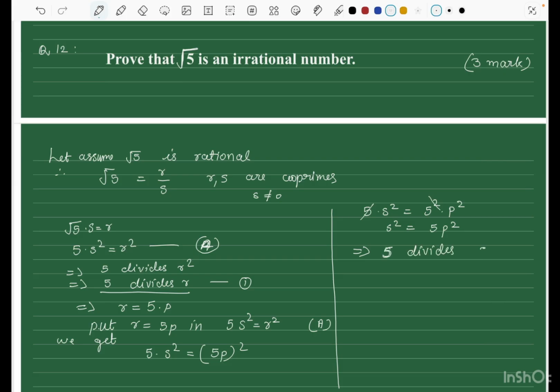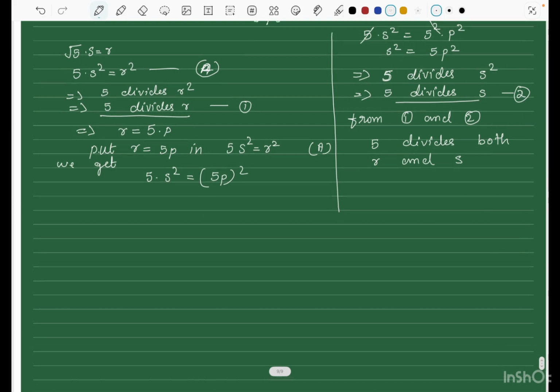Which implies 5 divides s square, that implies 5 divides s, that is result 2. So we get 5 divides r and 5 divides s. So from 1 and 2 we can say that 5 divides both r and s.